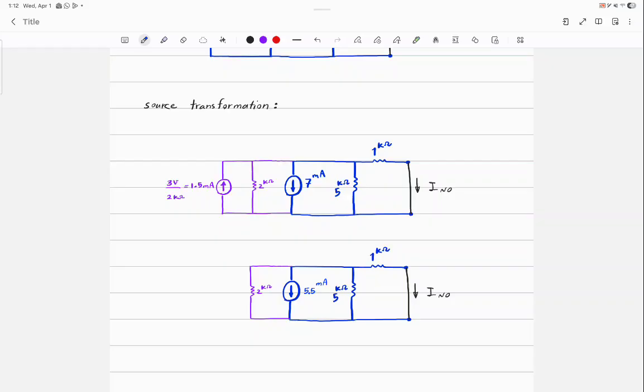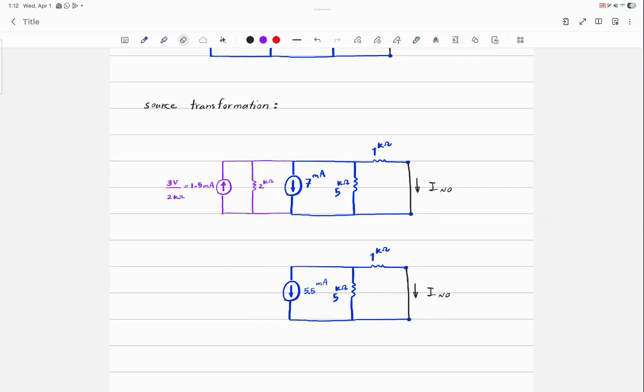Can I just make all the resistors parallel? What's wrong with that? They are in parallel. What's wrong with that? We need INO, which is passing only through one of them. If you combine all of them, you're combining their currents, so you don't have access to INO anymore. So let's combine the rest of them.